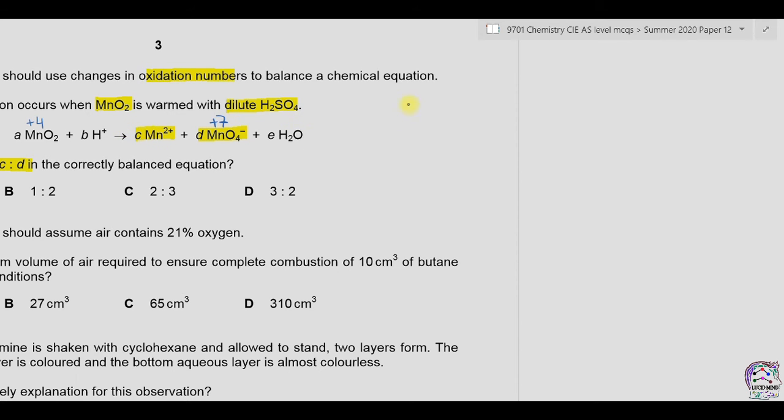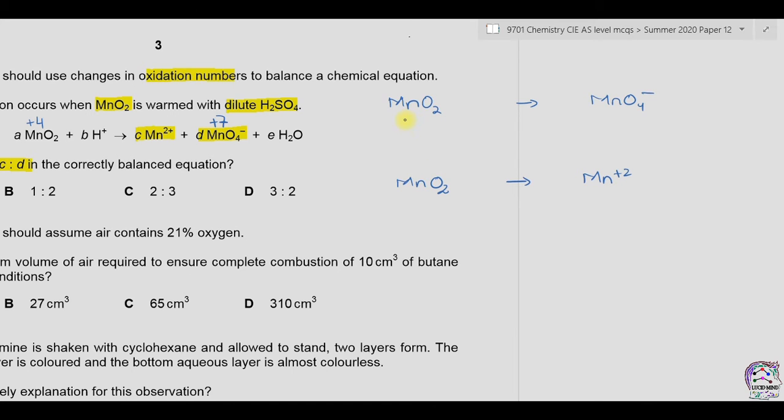So we can write both chemical equations, first for oxidation and second for reduction. In oxidation, MnO2 converts into MnO4 minus. In reduction, MnO2 is being reduced to Mn +2.